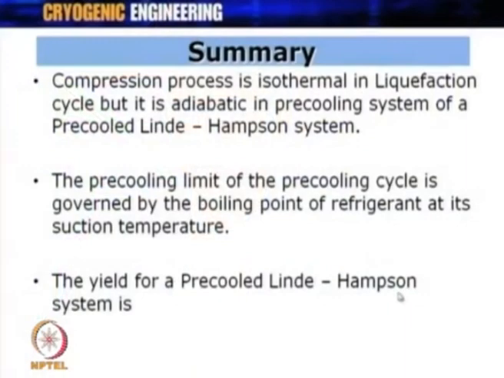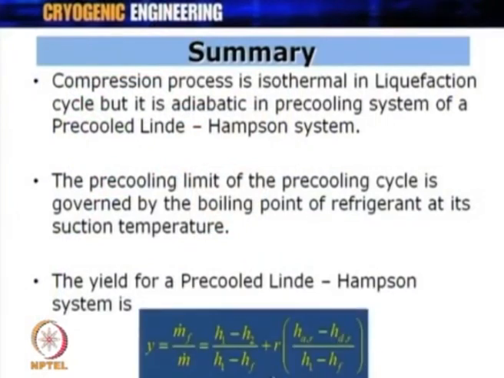The yield for a pre-cooled Linde-Hampson cycle is given by this formula, and this right hand side gives the additional increment that is going to come from the pre-cooling circuit. And m dot R upon m dot is what we call R in this case, the ratio of the mass flow of the refrigerant to the mass flow of the nitrogen or the primary fluid.